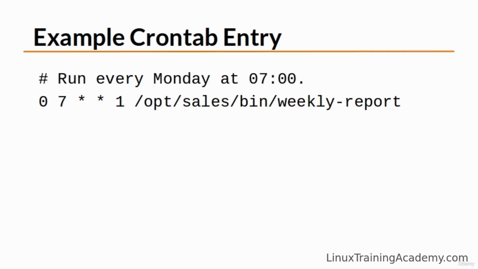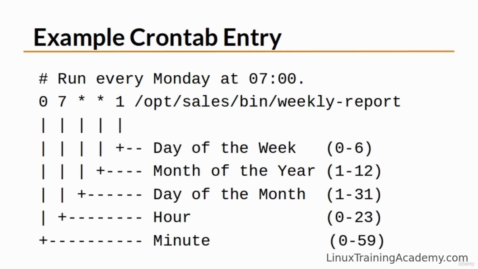This example crontab entry runs every Monday at 7 a.m. The command will only be executed when all of the time specification fields match the current date and time. You can specify that a command be run only once, but this is not the typical use case for cron.